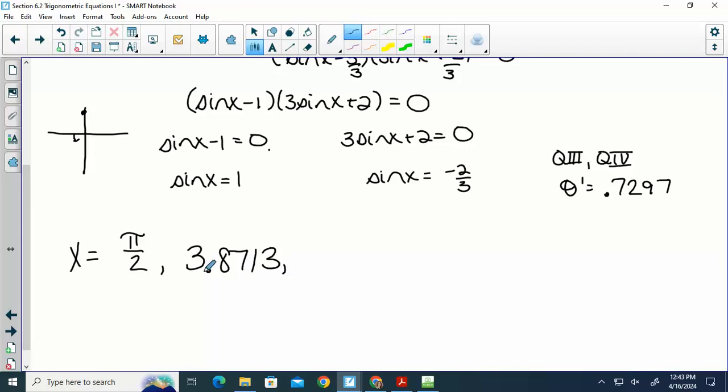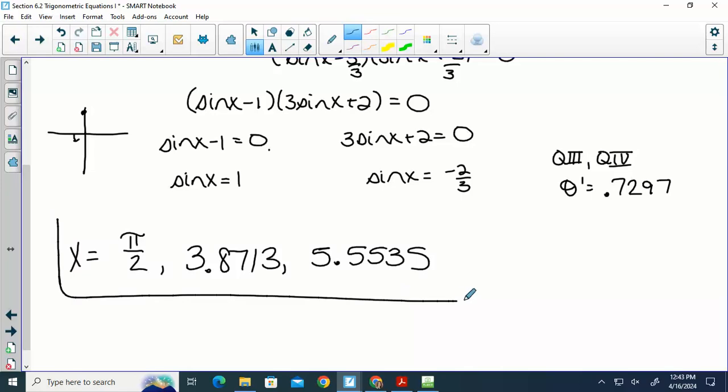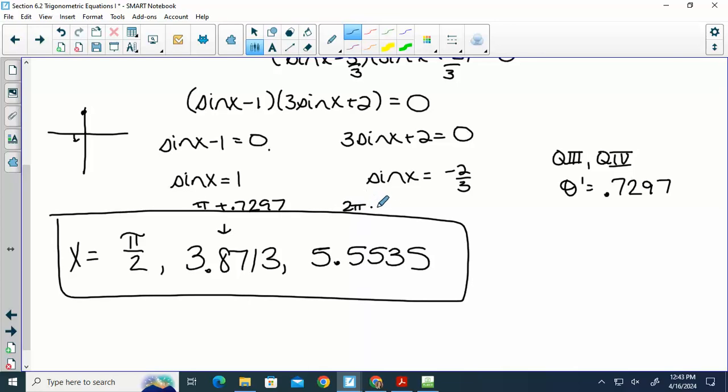What would we do for quadrant 4? 2 pi minus. Now we do have some rounding error on these, so just be aware of that. How'd you get 5.5535? We did pi plus because it's bigger than pi, put it in quadrant 3, and this was 2 pi minus.